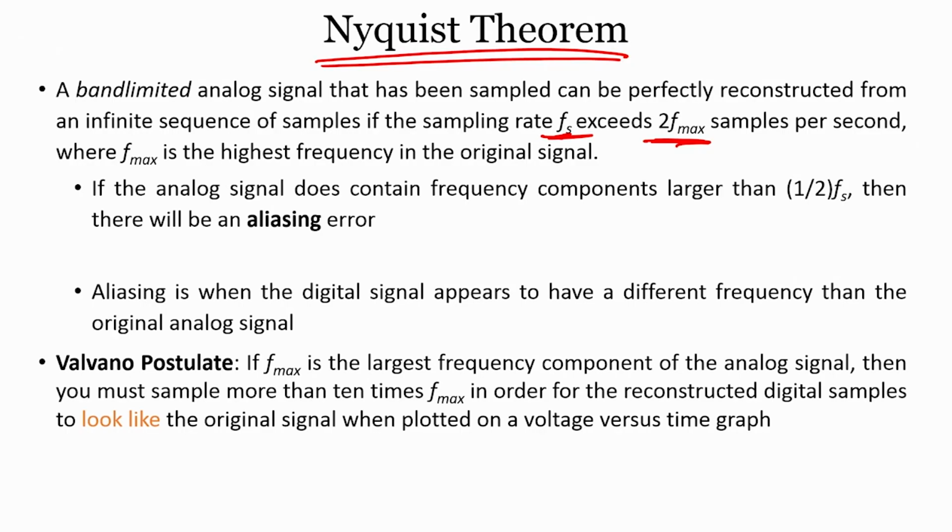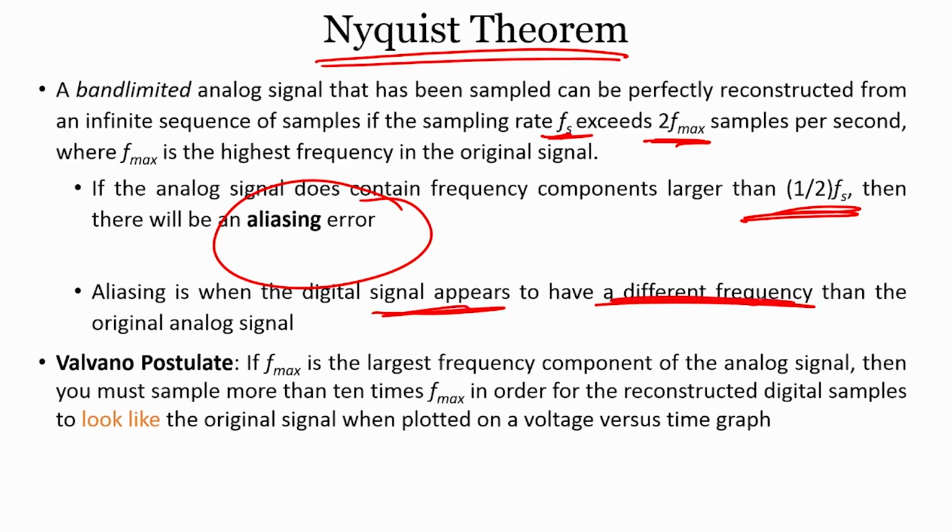If the sampling rate does not satisfy this, that is, if the analog signal contains frequency larger than 1 by 2 Fs, then there will be an aliasing error. We will see what aliasing error is. Aliasing is when the digital signal appears to have different frequencies than the original analog signal. We will see aliasing in the next slide.